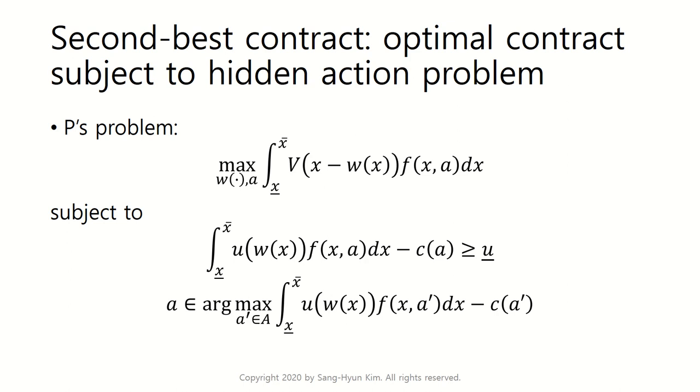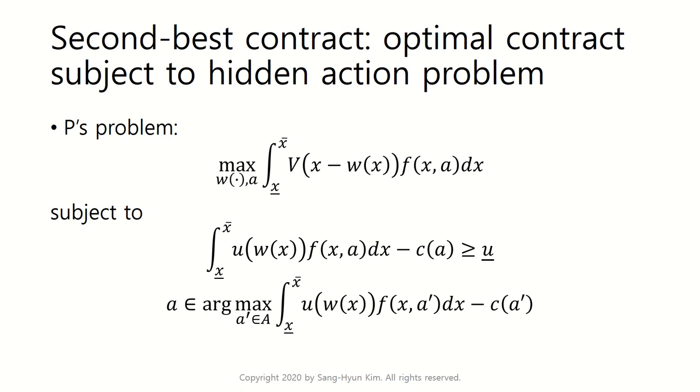So this is the expected utility of the principal, and we have two constraints here. The first one is the IR constraint, which must be binding. So this inequality constraint will hold as equality. So this will be a binding constraint, and the second constraint is the IC constraint.